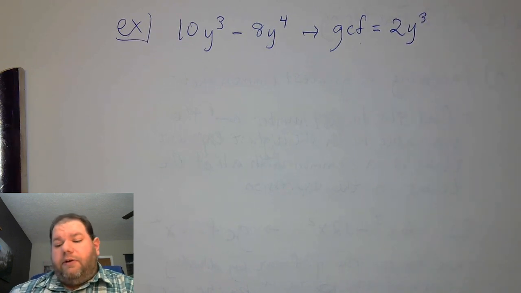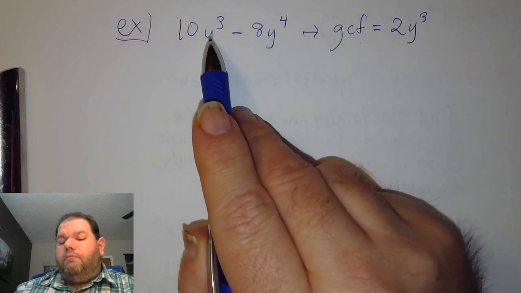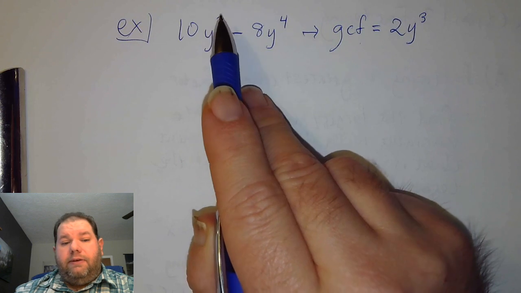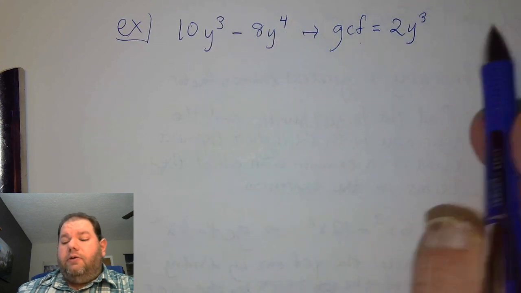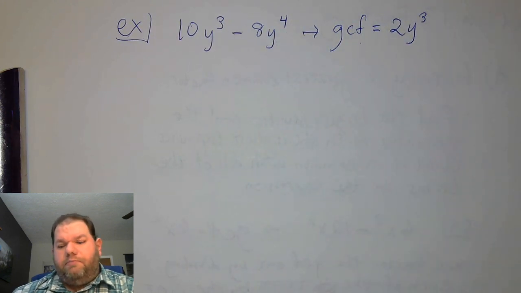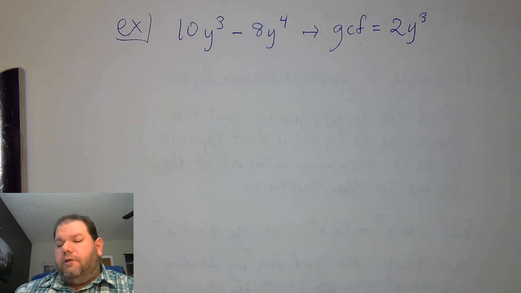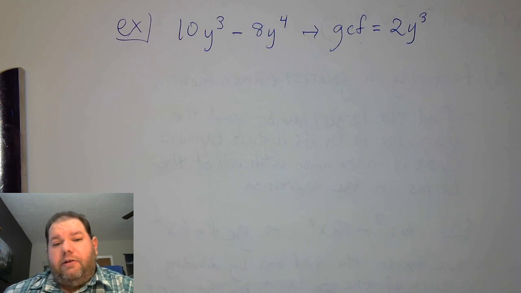Well, how we decide that, once again, is basically both of these terms have at least y cubed, so we'll use y cubed as part of our common factor. Usually we pick the lowest exponent that's part of all the terms.